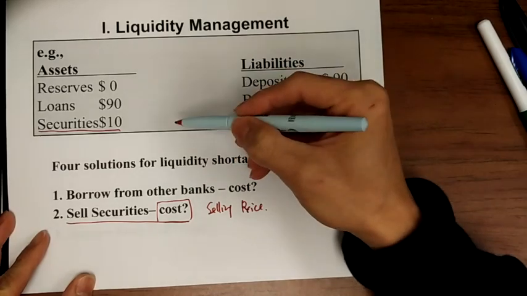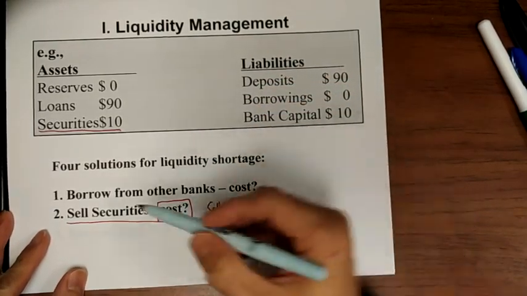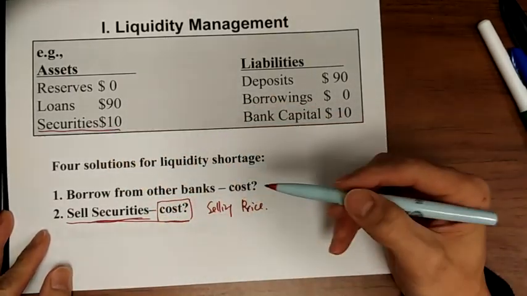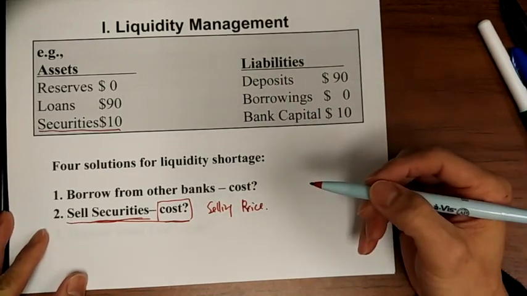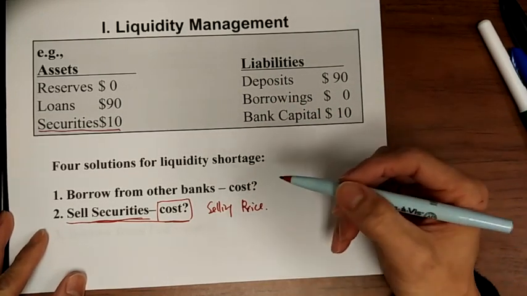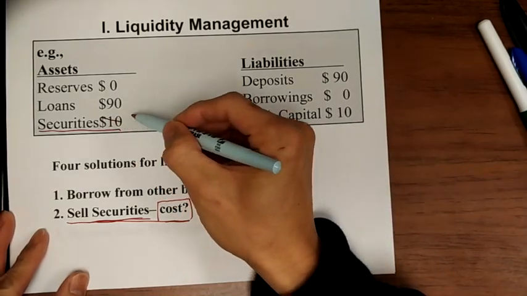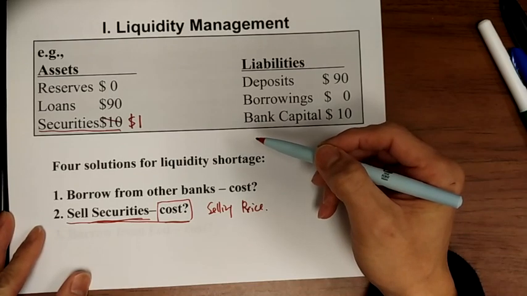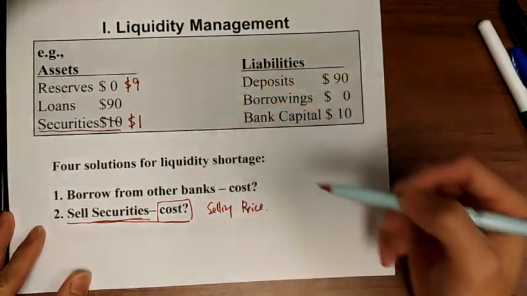Because you have to sell in the market, therefore you have to lower the price of the securities that you own in order to sell the security to get cash. Therefore, the second solution is to sell $9 of security, so you have $1 left, and then you will have $9 of reserve.